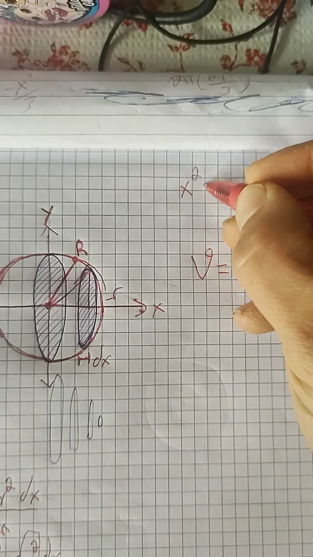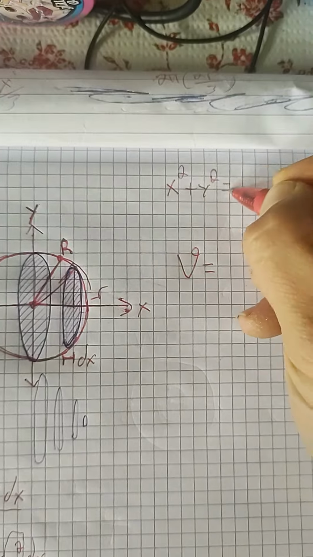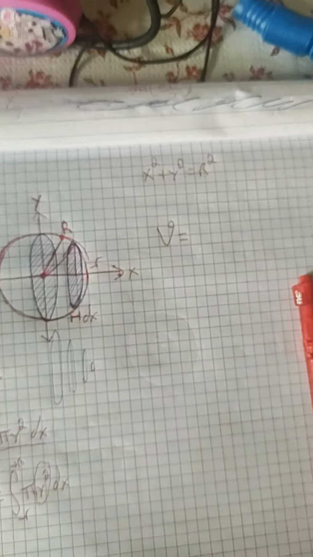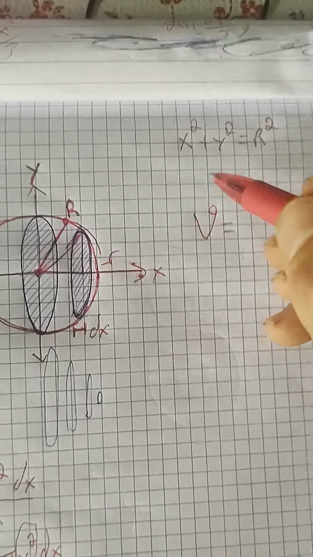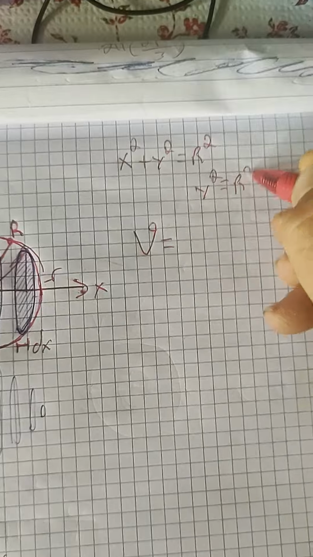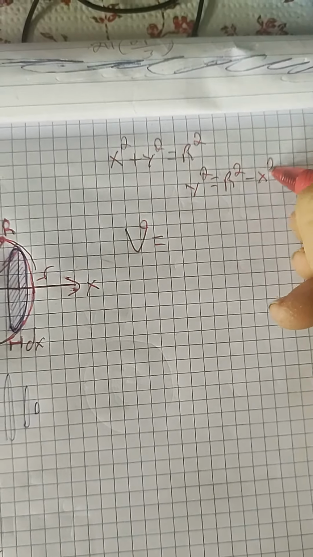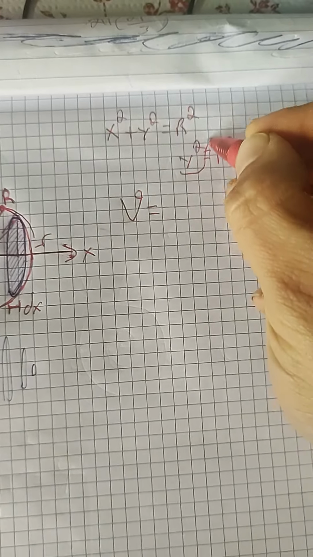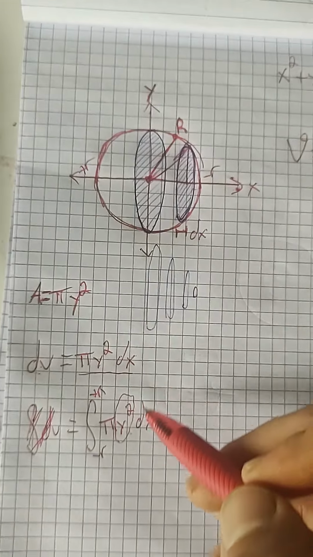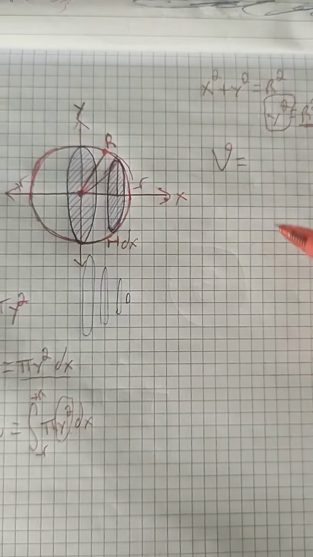Solving that for y squared, we get y squared is equal to r squared minus x squared. Now we have something we can plug into the y squared part.